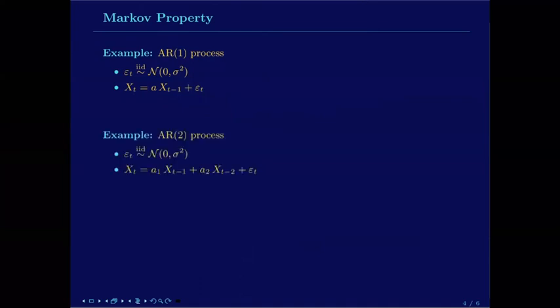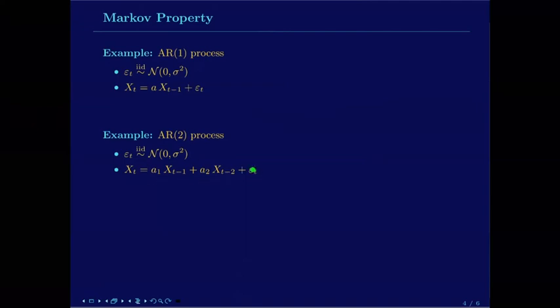Alternatively, if you look at an autoregressive process of higher order, in particular an autoregressive process of order 2, we have here an additional term where Xt depends on Xt-2 linearly in this form. Then unless A2 equals 0, in which case, of course, we have the AR(1) process, Xt cannot be a Markov process.